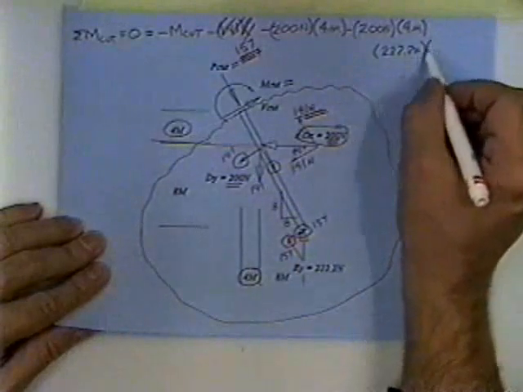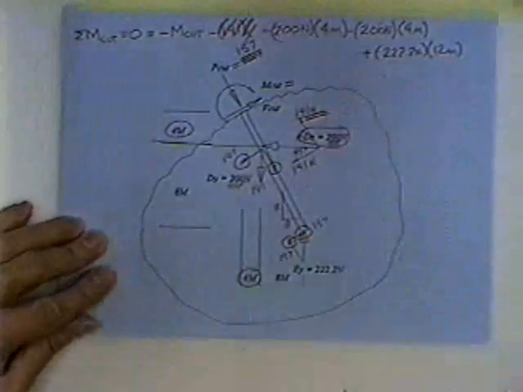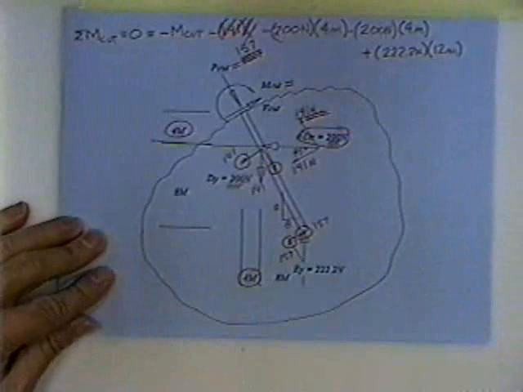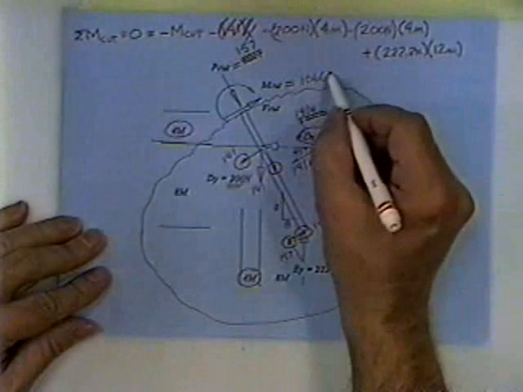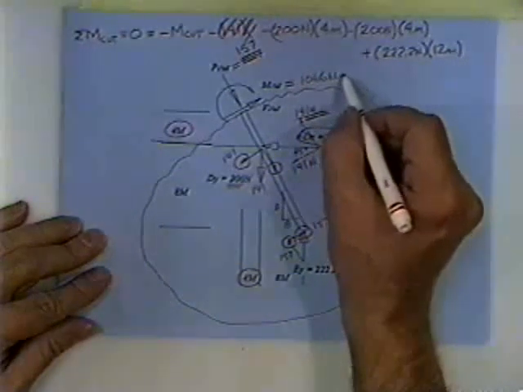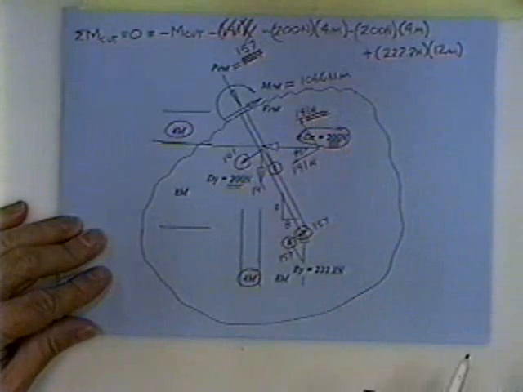And finally, we have a 222 Newton force, and his moment arm is 12 meters. His tendency to roll is positive. One equation, one unknown. Solve for M cut. 1,066, close enough. Newton meters. That's the way you get the forces inside any of these members. This also works on a beam.